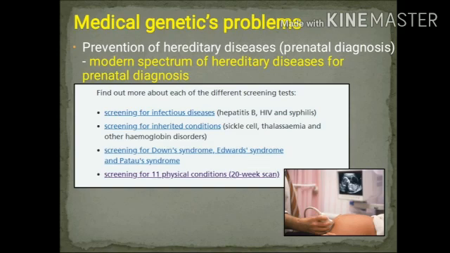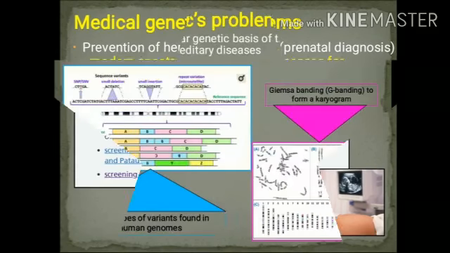This screening will be at the 20-week scan. We will speak about this in the next part of our lecture.